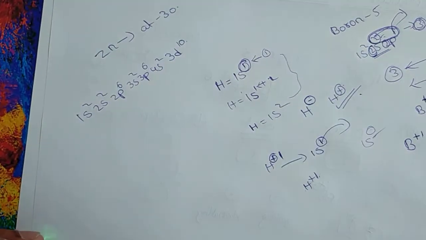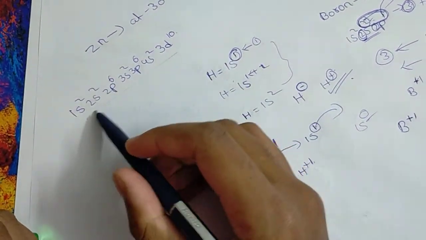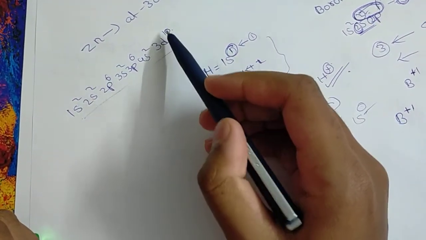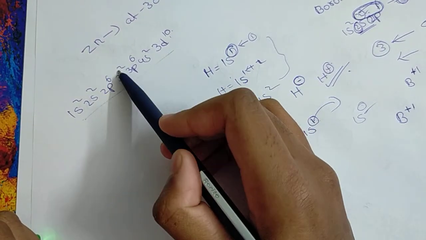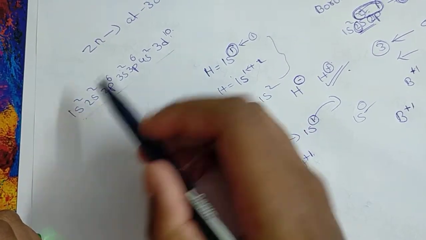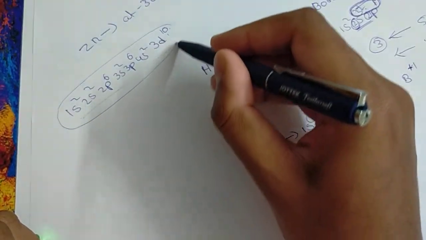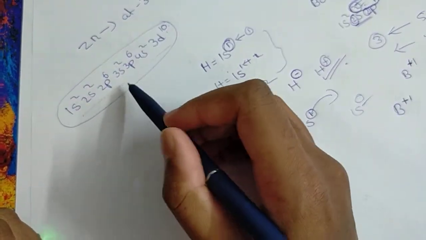So guys, I hope you remember the order of writing the electrons. I have explained it in the past video. Now see, 10 electrons, 12, 14, 20 electrons, 26, 28, 30. Overall 30 electrons are accommodated. Now let's find the highest shell or the last shell.